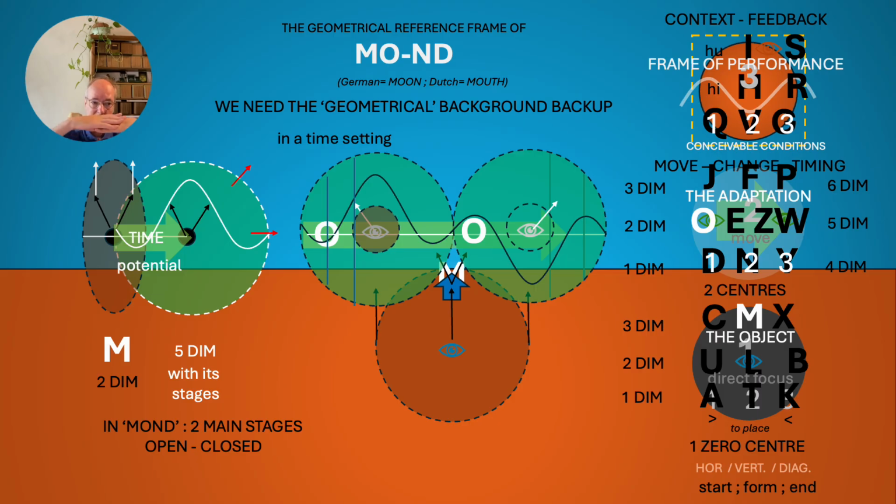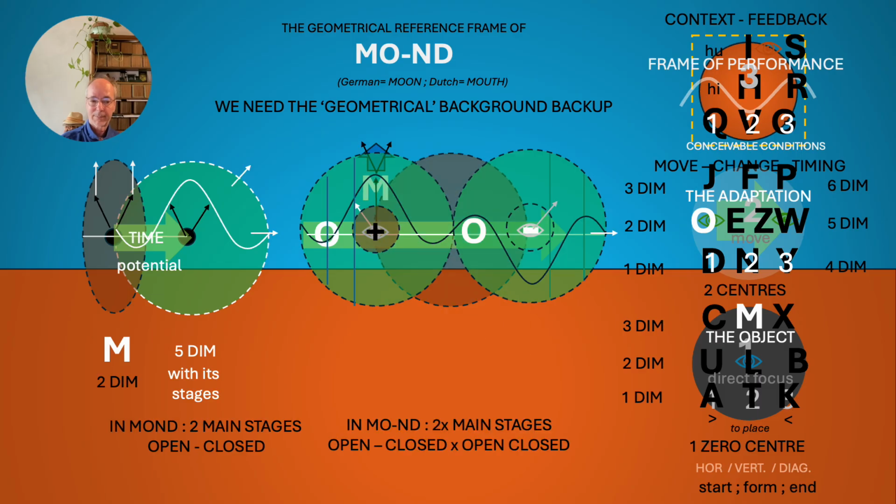So it's just like, okay, you have this one stage in M, or you have this other stage in M, which is the opening mouth, and that's actually all that matters. Between the closed or the open mouth, that's enough to grasp the idea.